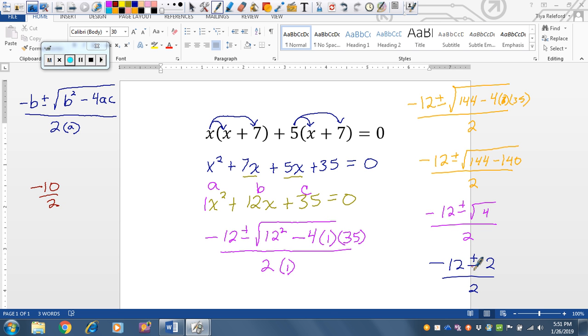And you have negative 12 minus 2, which is negative 14 divided by 2. So your answer, your solution set, is -5 and -7. And Lainey said that was right, because I double checked, because she knows what she's doing.